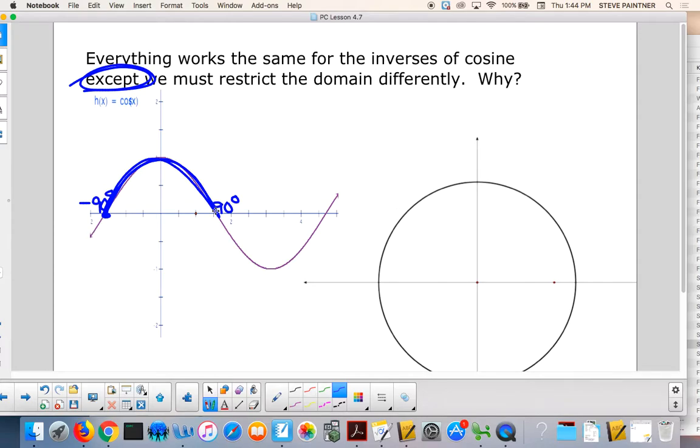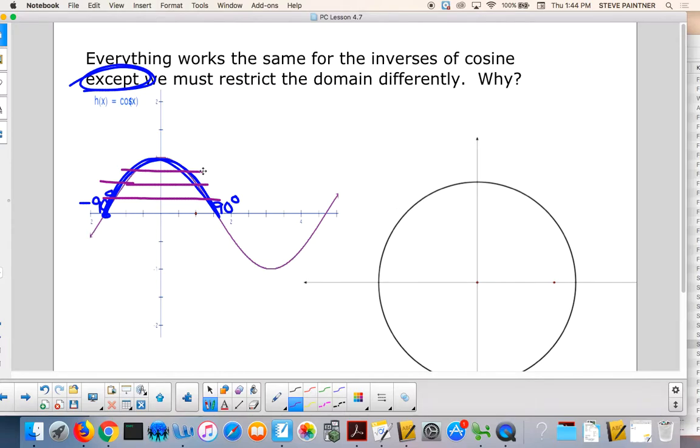Why not? Because if we look at that part of the function, is there an inverse? No. Why not? Because the horizontal line, if you draw it, boom, hits it twice, hits it twice. There's no inverse to cosine between there and there.